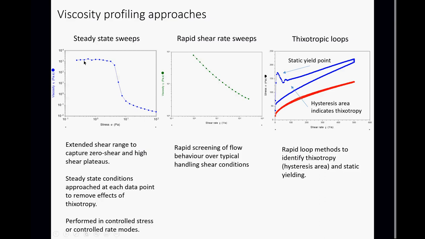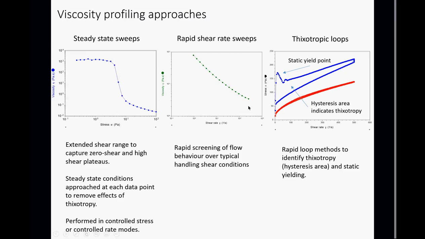And then we go to the next value, the next value, the next value. We typically run that as an upsweep. This is great for capturing zero shear and the yielding behaviors. If we want a quick feel of a sample, then we can disregard the zero shear, at least initially, and just do a quick rapid shear rate sweep.